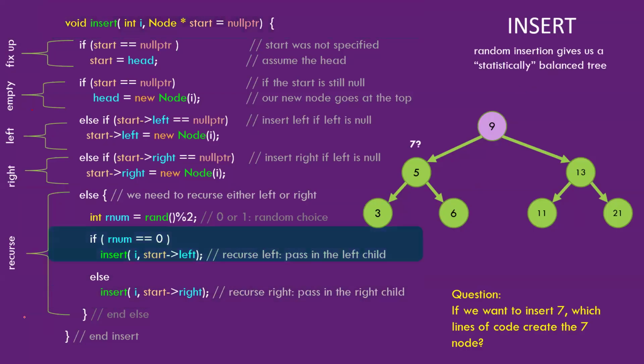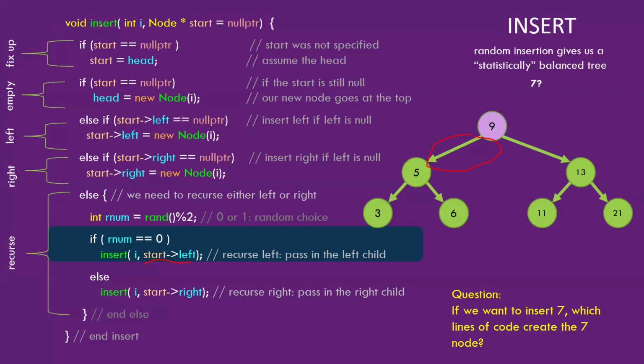Let me camp out on this just a little bit longer for those of us who have not had a lot of recursion. So notice that when I come in here and I look to insert, if I need to continue, I flip a coin, right? Because I'm at 9 and these things aren't null. Let's say I'm going left. Remember that when I go left, I'm passing this pointer down.